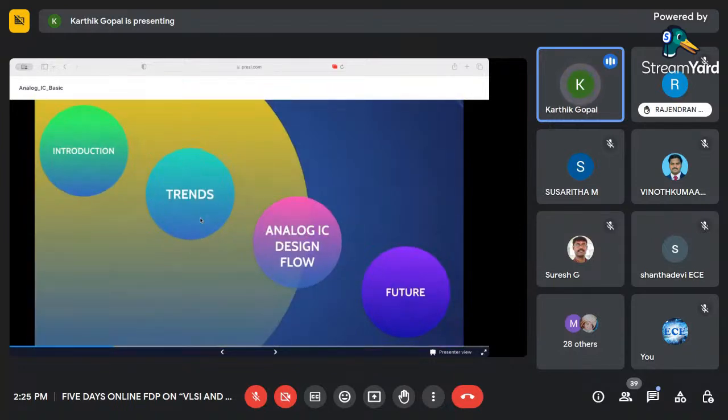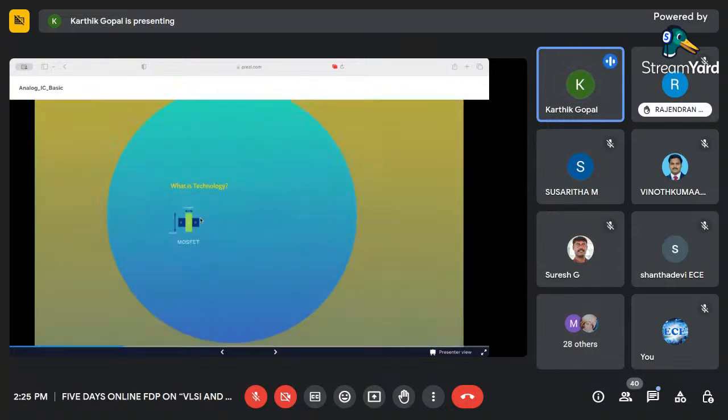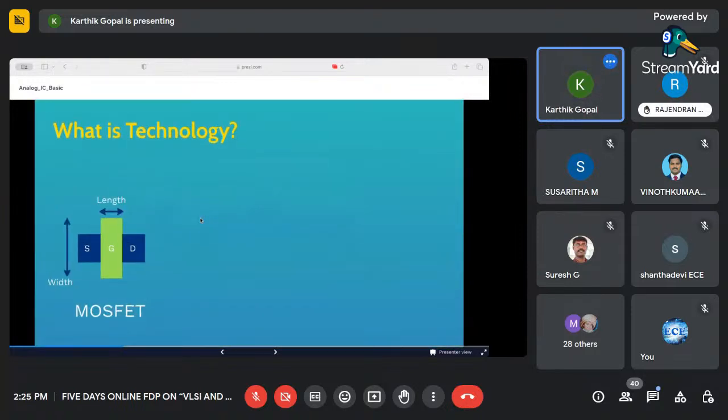Now let me tell you about the trends in analog design. What do we call trends? What is technology? We say technology shrinks in the semiconductor industry. For example, this is a MOSFET, which has a source, gate, and drain.